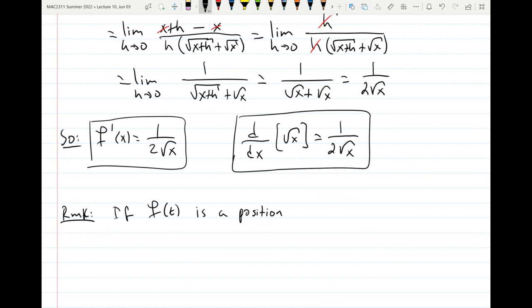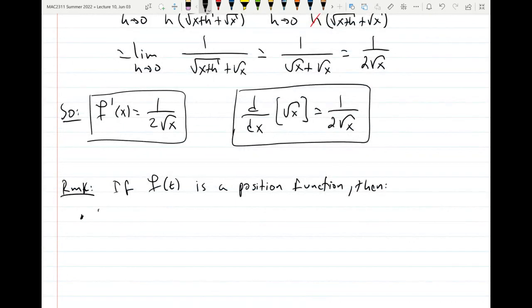So if f of t is a position function, then first, the instantaneous velocity is v of t, and is actually the derivative of the position function.